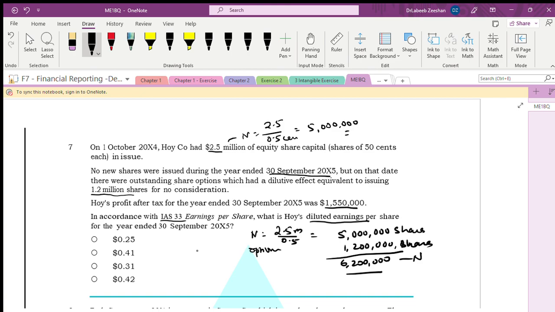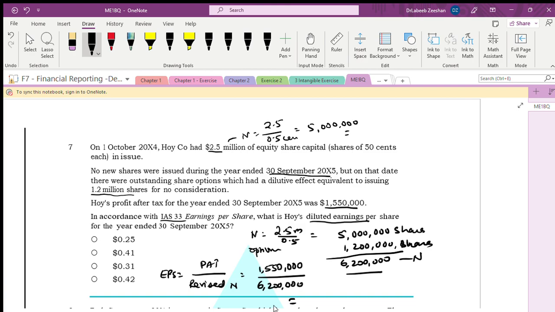What is the formula for EPS? EPS is profit after tax divided by the revised number of shares. How much is the profit after tax? 1550 divided by 6200.